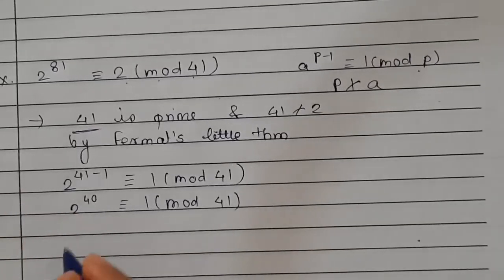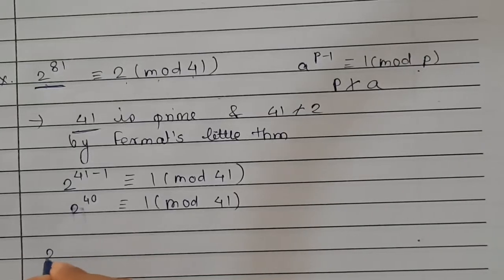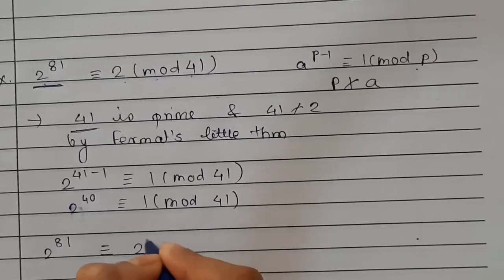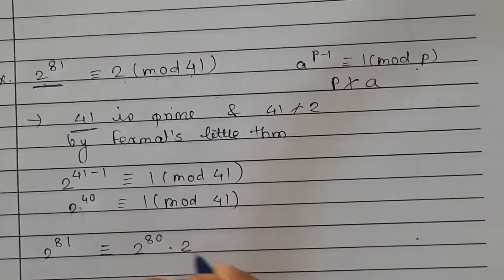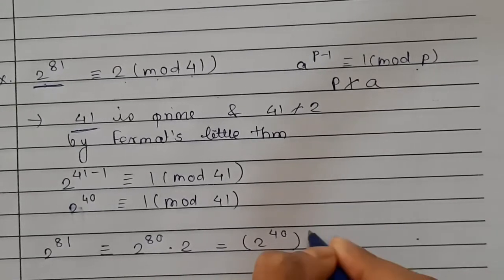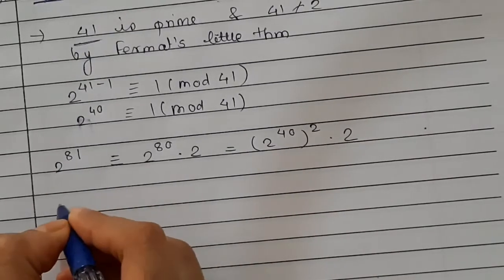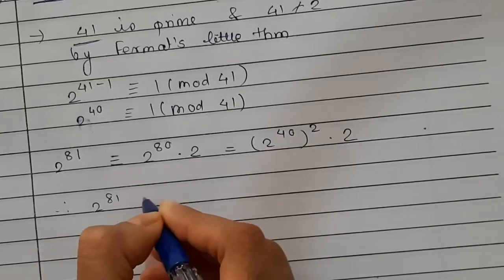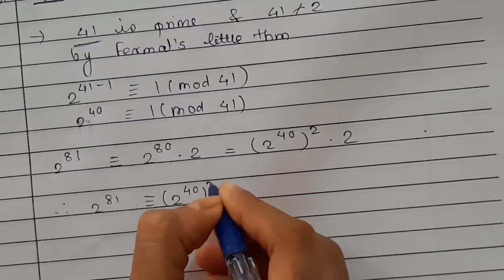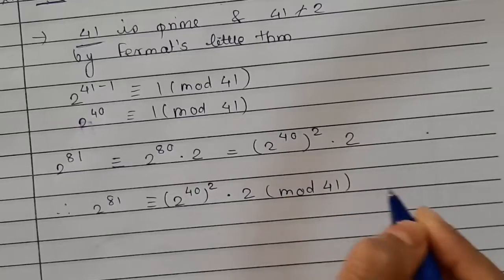Now we split 2 raised to 81. So we write 2 raised to 81 is equal to 2 raised to 80 into 2. Again we split this, then we get 2 raised to 40, the whole squared, into 2. Therefore 2 raised to 81 is congruent to 2 raised to 40 squared into 2, mod 41.